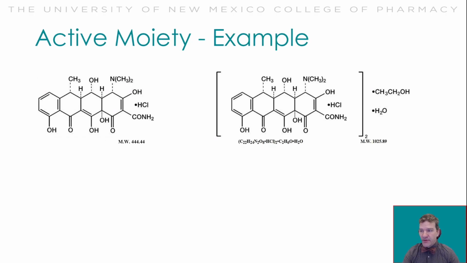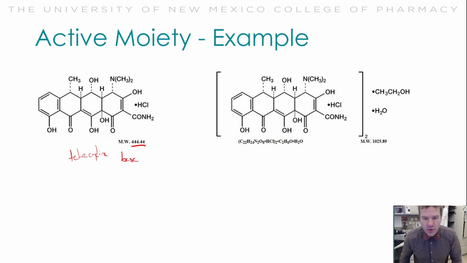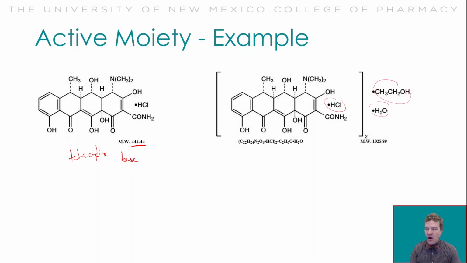So here's an example. This is tetracycline, okay? So this is tetracycline base, and it has a molecular weight of 444.44 grams per mole. On the right is tetracycline hyclate, okay? So it's formulated with an HCl, an acetate, and a water.